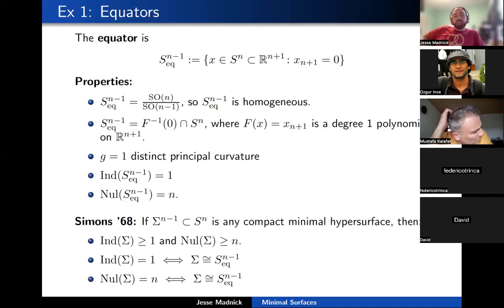This is an instance of the philosophy that we talked about last time at length, that the index is a measure of simplicity, or complexity, and when the index is low, you hope that your minimal submanifold is very simple, and you hope for low index to classify such submanifolds.